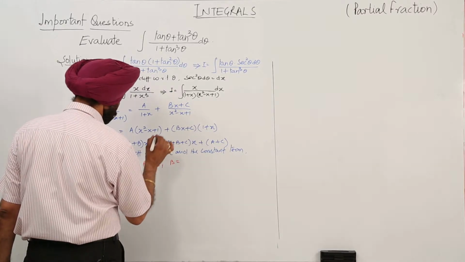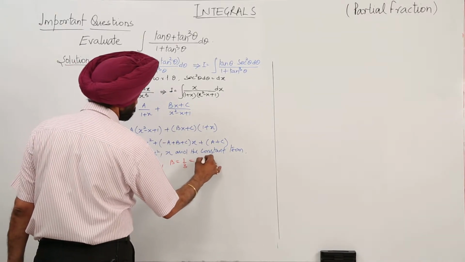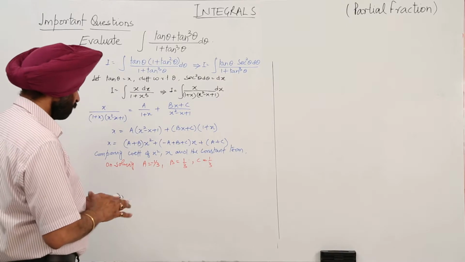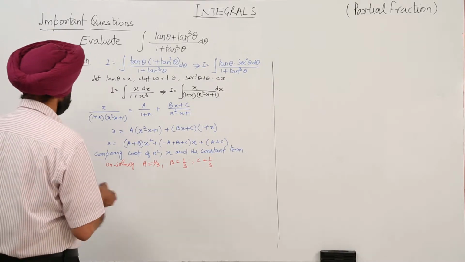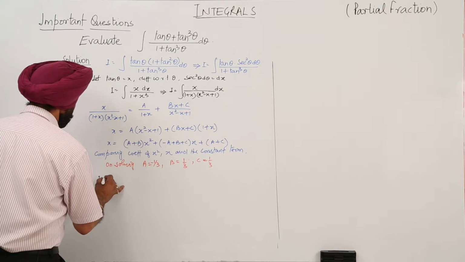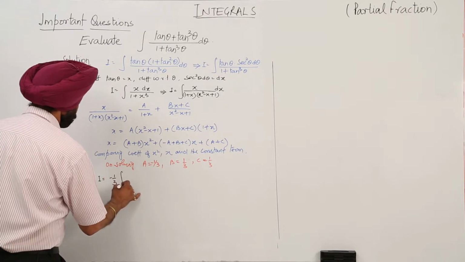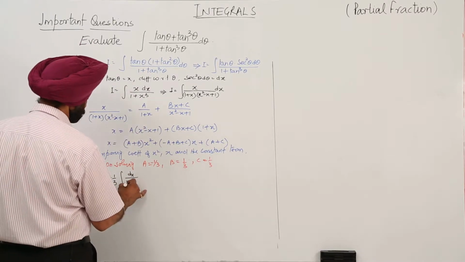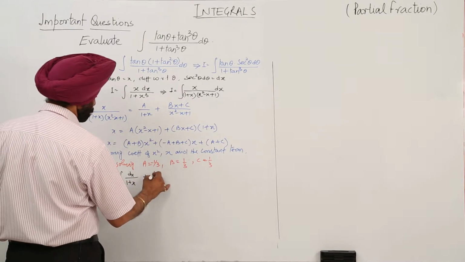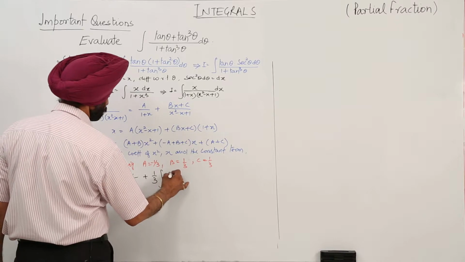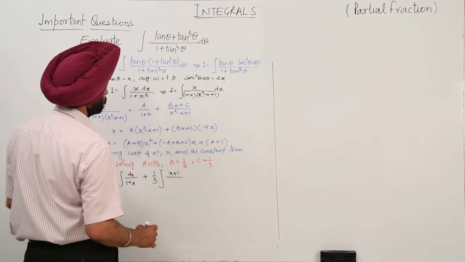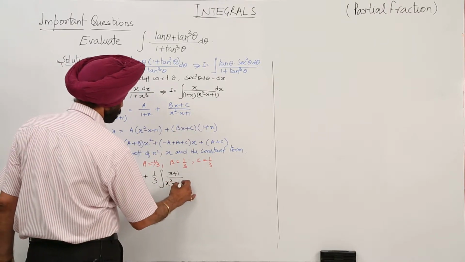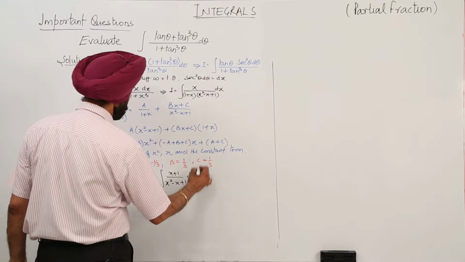Sorry, A is equal to minus 1 by 3, B is 1 by 3, C is equal to 1 by 3. Now our question becomes integration of minus 1 by 3 dx upon 1 plus x plus 1 by 3 integration of (x plus 1) upon x square minus x plus 1 dx.